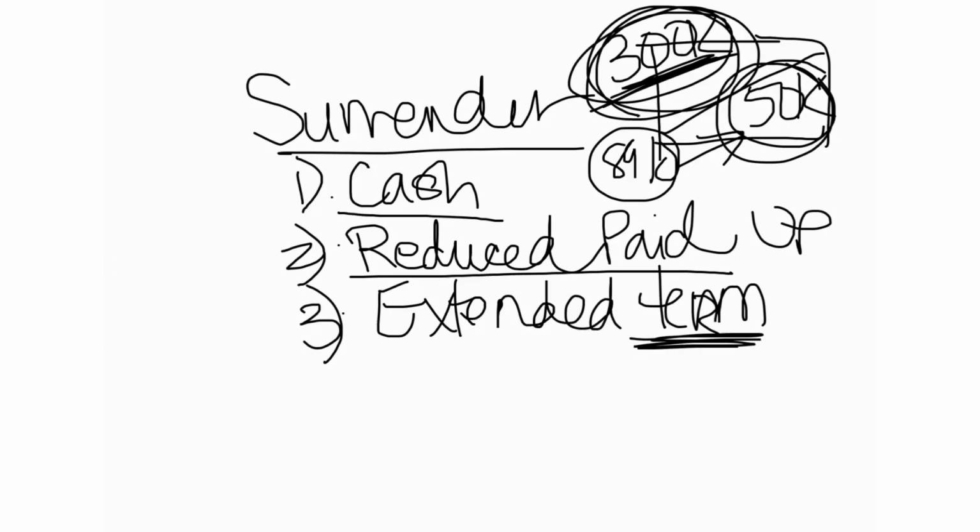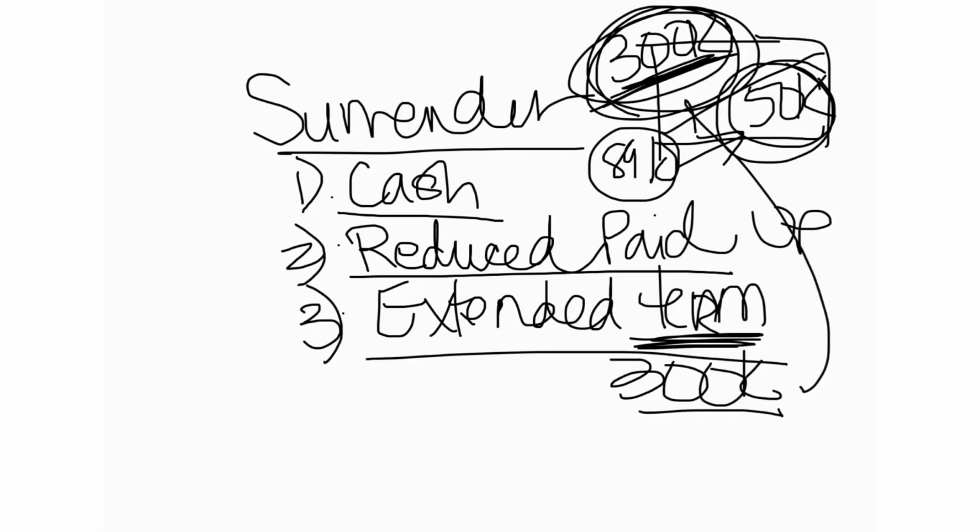So that 50,000 maybe buys me a term policy for 18 years and 7 months and 6 days. So I extend a term for 300,000, the same face amount as I had before, for as long as that 50,000 will last. So those are your surrender options when you have to cancel, give up, surrender the policy.